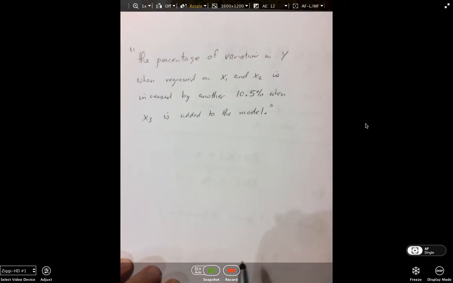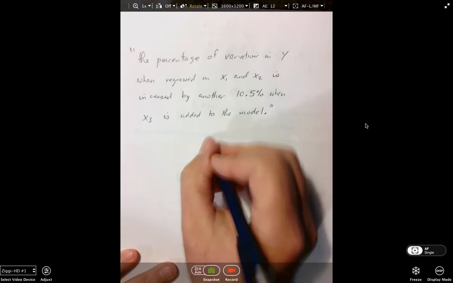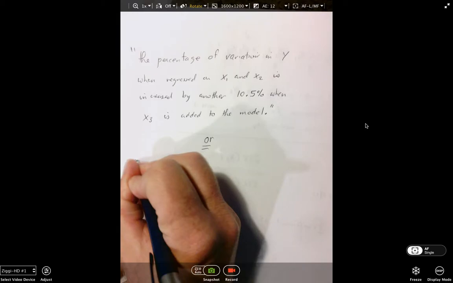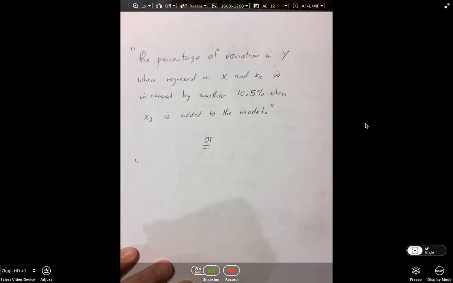Now that focuses, in many ways, on the total variation. We've also got an interpretation here, and probably one that's a little more appropriate, that focuses on the sum of squares for the error.